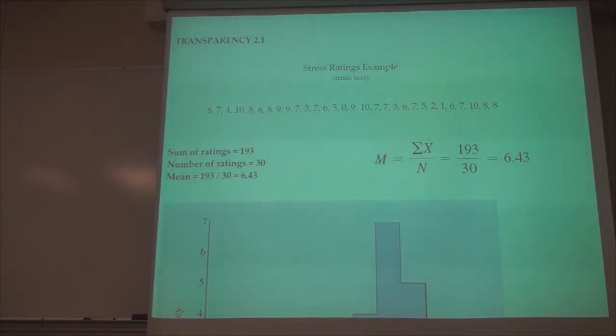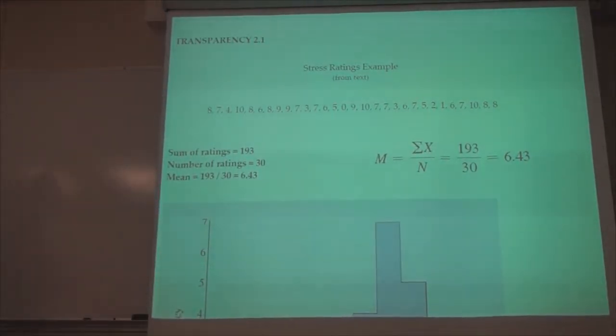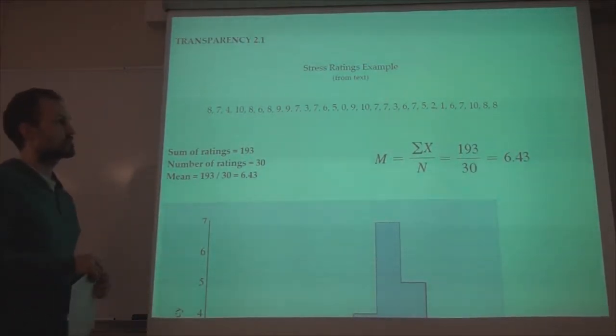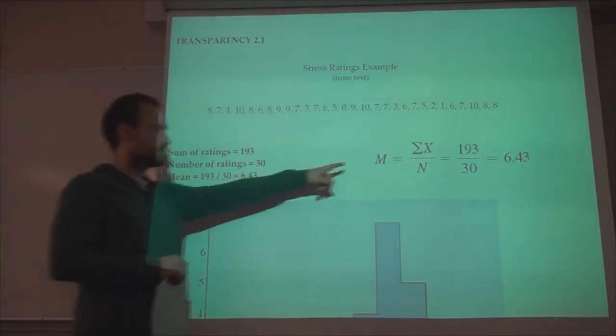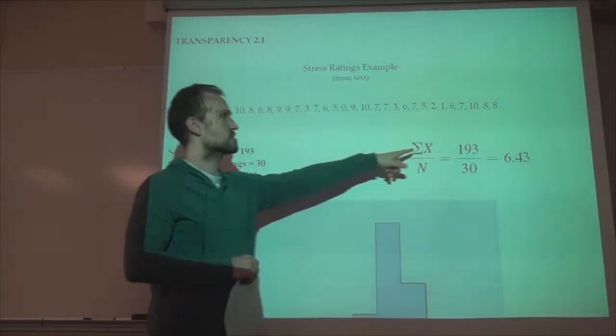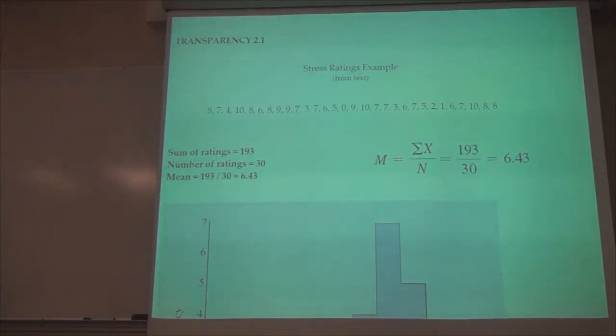We have to get used to this symbolic way of representing the calculation, just to be able to read the fancier ones and express how we calculate something like this: the sum of all the x values, all the scores, divided by the total number. And we'll call that the mean. Everyone happy with the symbols?